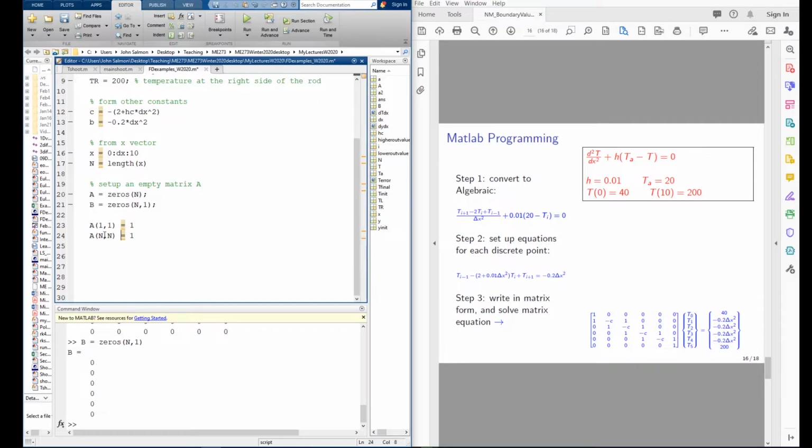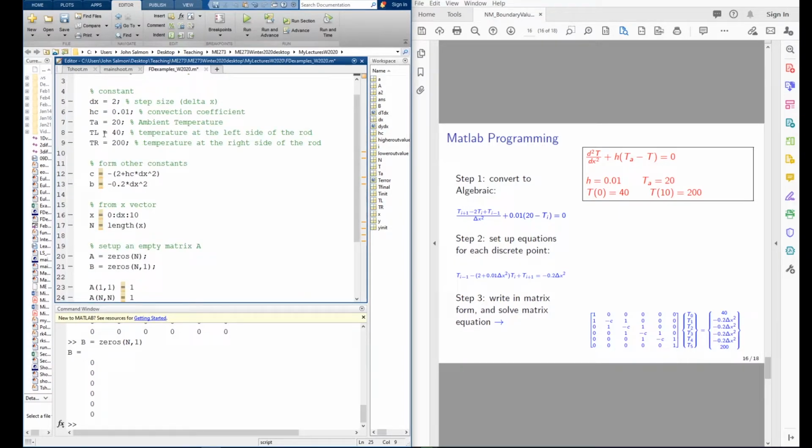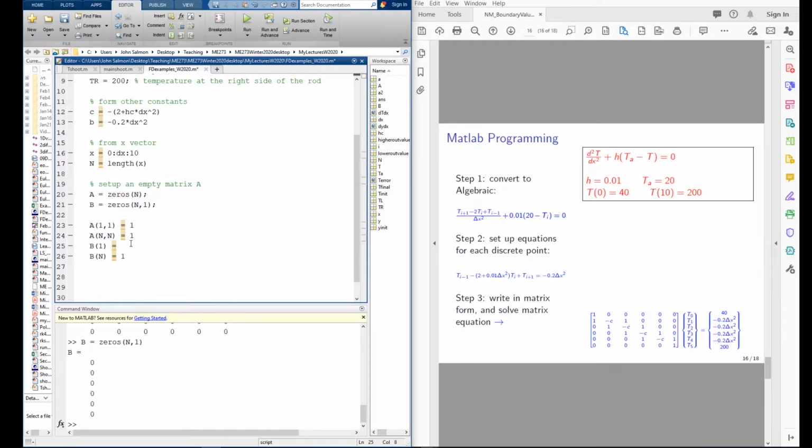And we have the same sort of thing with B's, except B's are a little different. Okay, we know then that there is only one argument in the B side vector. I'm doing a capital B right here. We have the first element, which is not a 1, but it's going to be 40. Okay, and 40 is going to be the right hand side, so I'm going to take this and pop it down here. So it's going to be TL, the temperature on the far left.